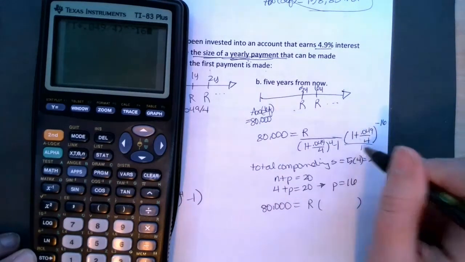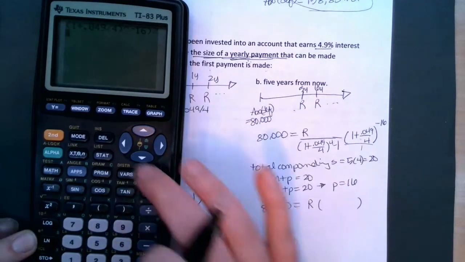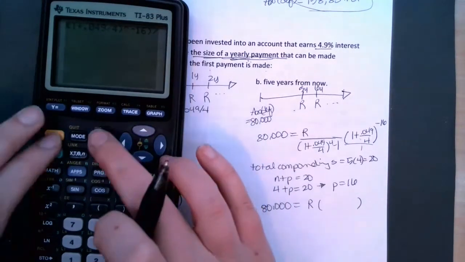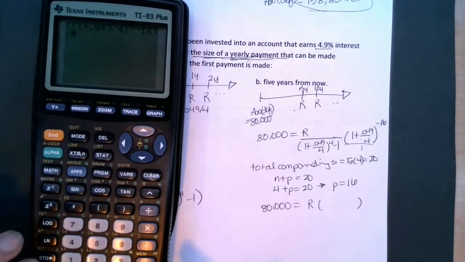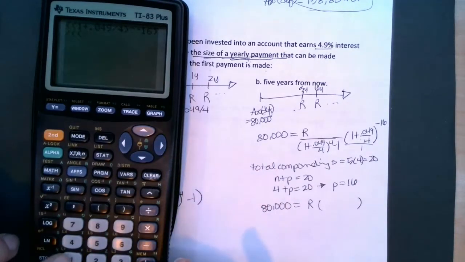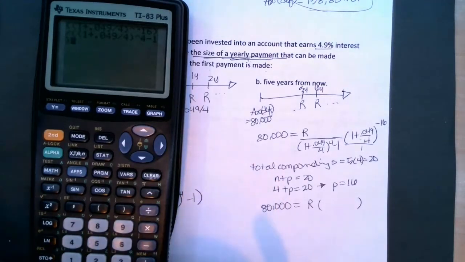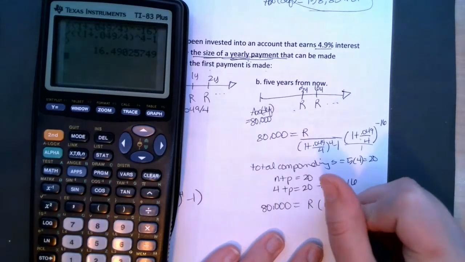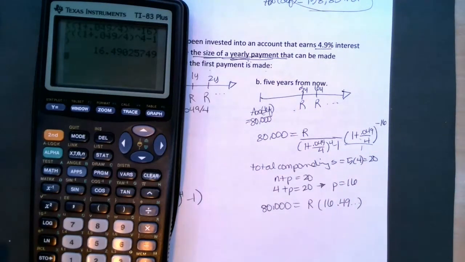This would be over 1. And I'm just going to add an extra set of parentheses just so I know my calculator won't mess this up. And then on the bottom, 1 plus 0.049 over 4 to the 4 minus 1. And again, double set of parentheses there. So our coefficient is 16.49 and change. And we're not going to round that.